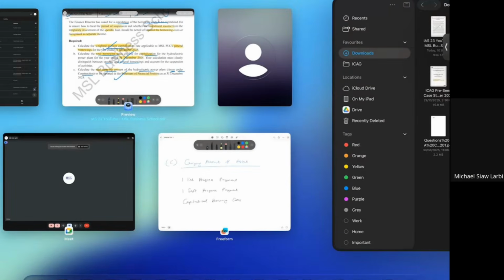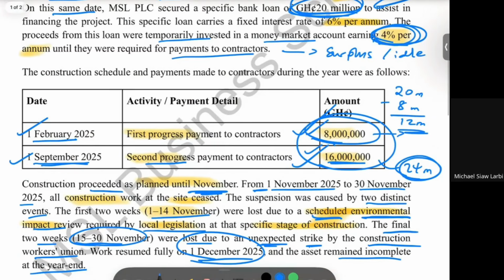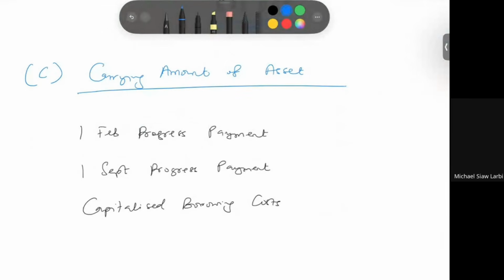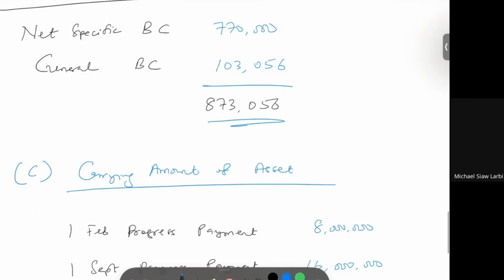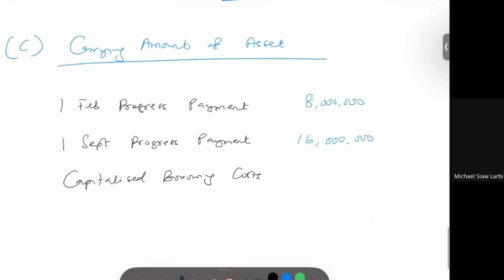So our first payment, if you recall, we paid 8 million and 16 million. Capitalized borrowing cost, we just got the total to be 873,056. If you sum everything up, I'm going to be 873 plus 24 million.